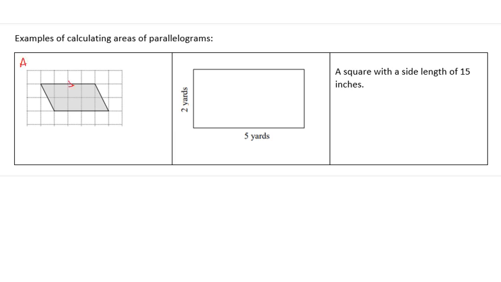The top and bottom sides are parallel, and the left and right sides are also parallel to each other. Area is equal to base times height. The base is 1, 2, 3, 4 units, and the height, here's the height right there, is 2. So 4 times 2 is 8 square units.